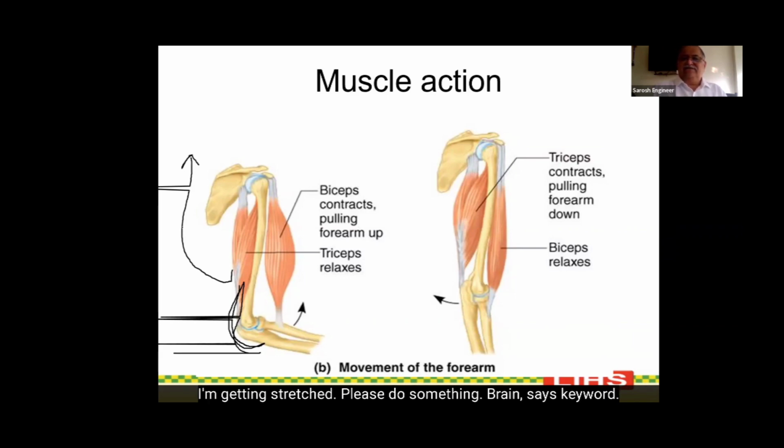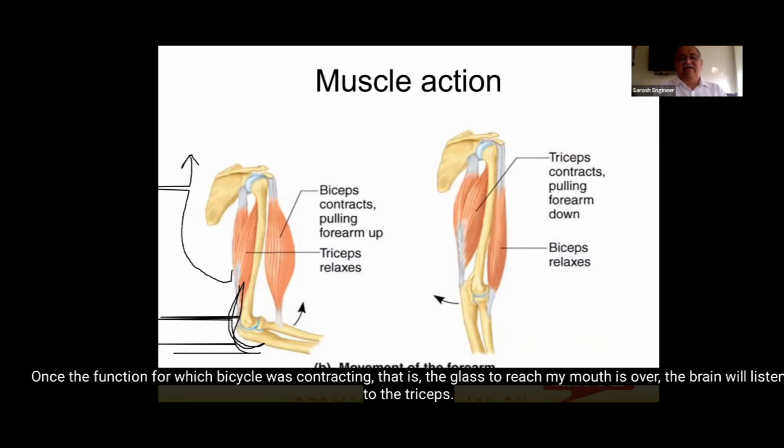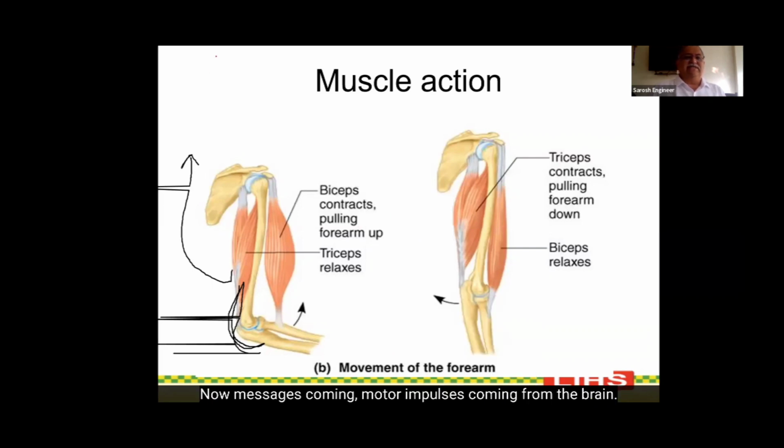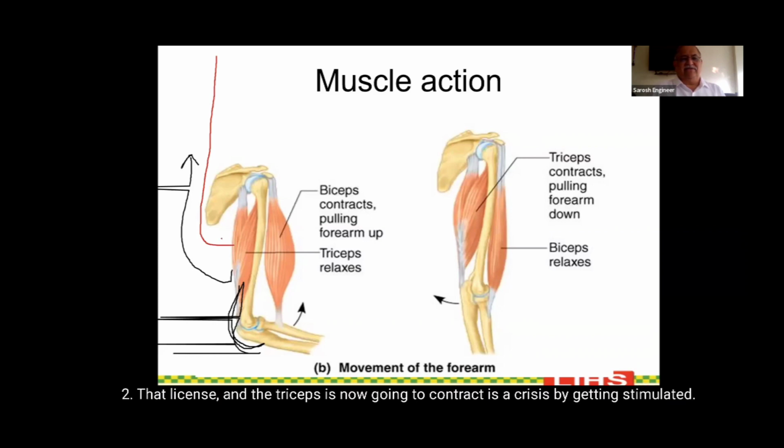Brain says, keep quiet till the glass reaches the mouth. You will have to suffer the stretching. Once the function for which biceps was contracting, that is the glass to reach my mouth, is over, the brain will listen to the triceps now, and the brain will send down a message. Now a message is coming, motor impulse is coming from the brain to the triceps.